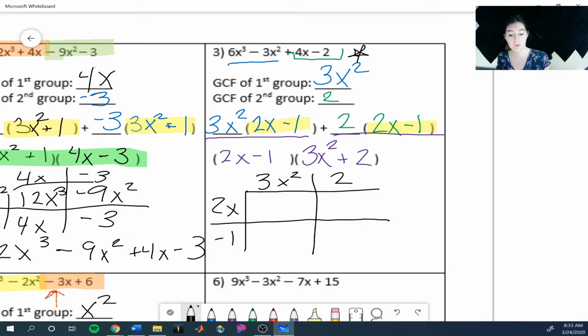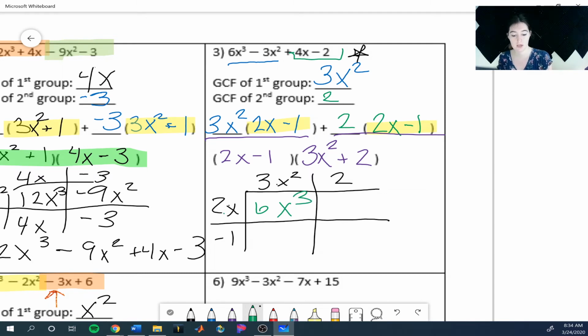So I want to make sure when I multiply this out that I'm getting the same thing that I started with. So 2 times 3, I'm going to start with 2x times 3x squared. 2 times 3 is 6. I have x times x squared, so that means I have 1 plus 2 more, which is x to the third.